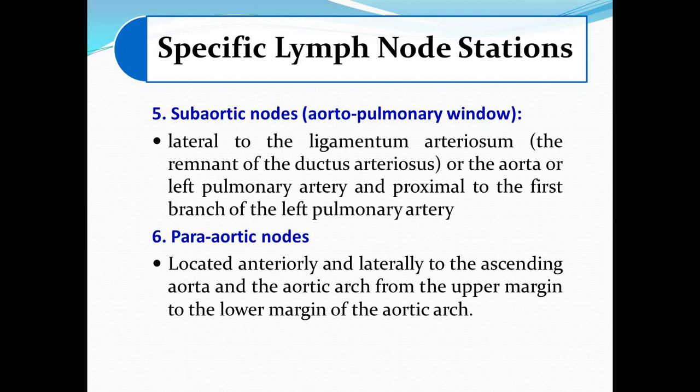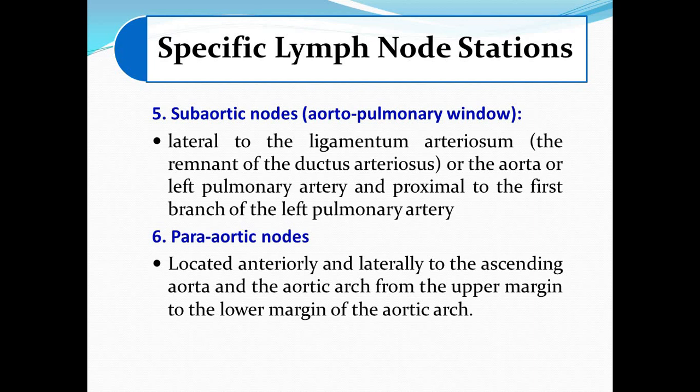The fifth station is called the subaortic nodes or the aortopulmonary window. We need to know the aortopulmonary window so we know what this station is. The aortopulmonary window is the window between the aortic arch, which is a curved structure, and the pulmonary trunk. So the window between these two structures is the aortopulmonary window.